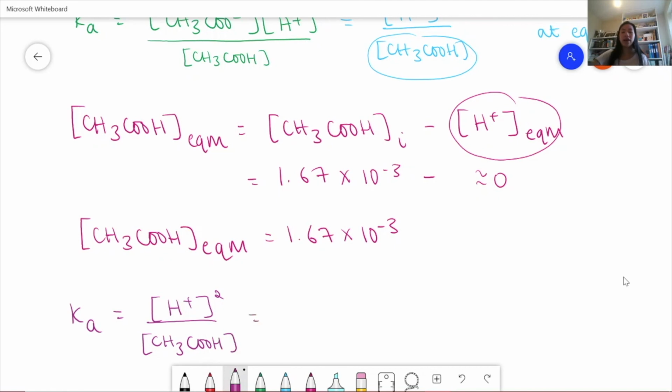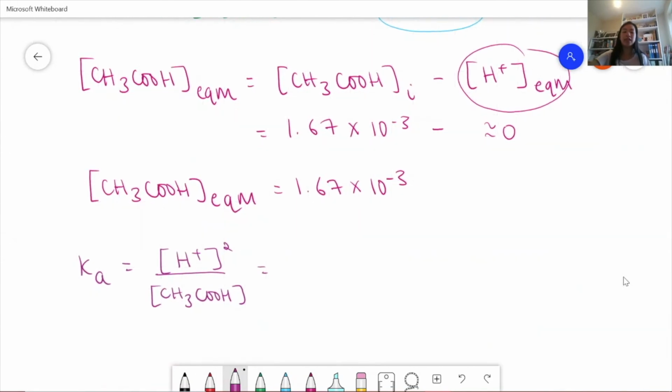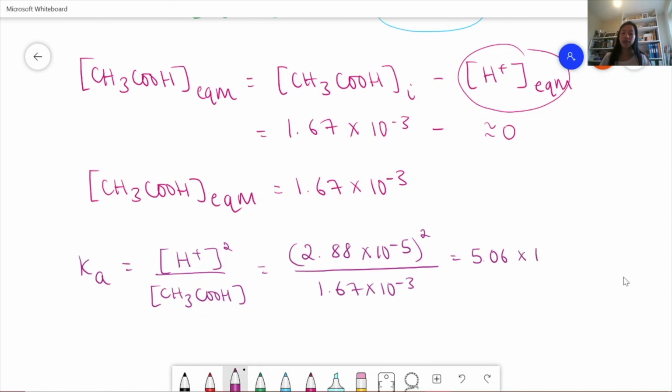And so we have 2.88 times 10 to the minus 5 all squared, and then that's divided by 1.67 times 10 to the minus 3. And this gives us 5.06 times 10 to the minus 7 moles per decimeter cubed.